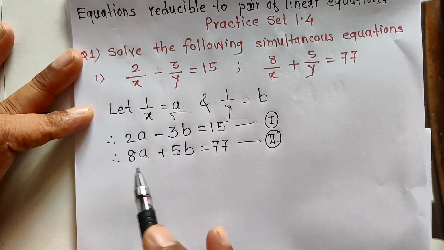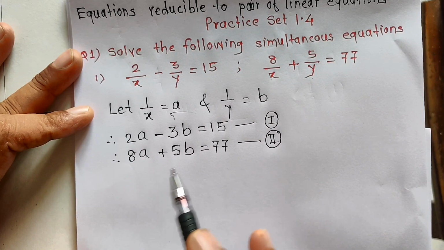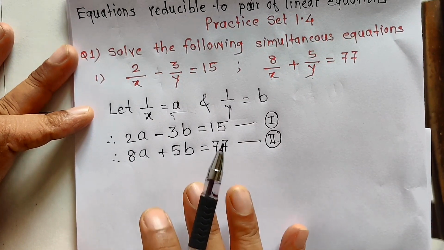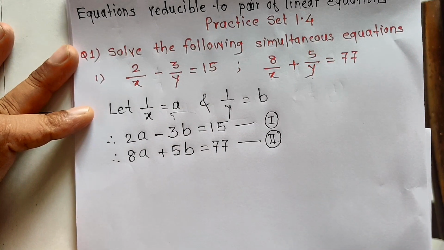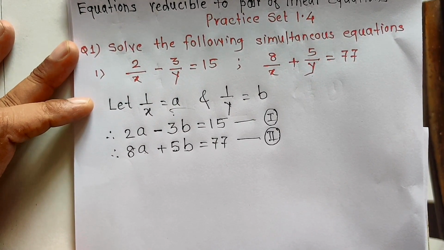Now in this example, the coefficients of a are 2 and 8 and the coefficients of b are 3 and 5. Means in both cases the coefficients are unequal. So make them equal. How to make them equal?